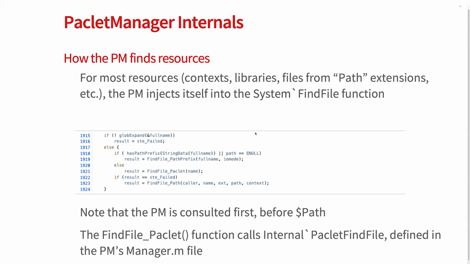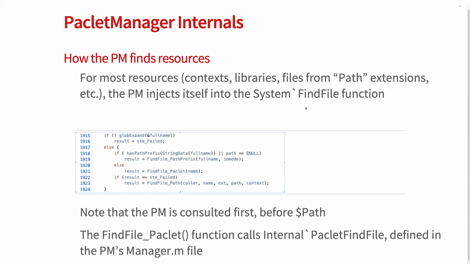And really, most things that the system looks up go through the system find file function, right? This function is called for looking up libraries. It's called for looking up contexts. It's called for looking up files on, sort of, path-based lookups. It's called for virtually everything that the kernel does to look up files. It's quite handy that they all go through this one function because the Paclet manager literally just hooks that function.